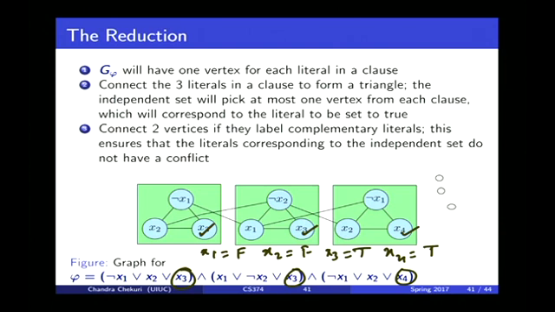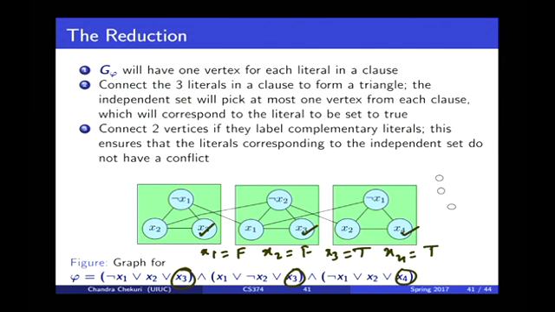Exactly. If I give you 3 vertices, one per triangle, remember, if I have an independent set of size m, it must be exactly one from each triangle, since I can't take more than one from each triangle. So how will I get a truth assignment from that?